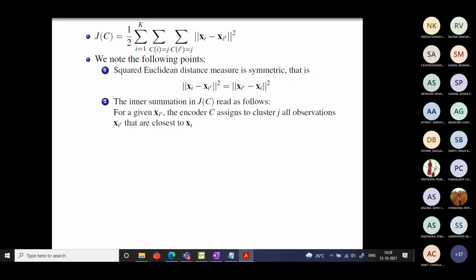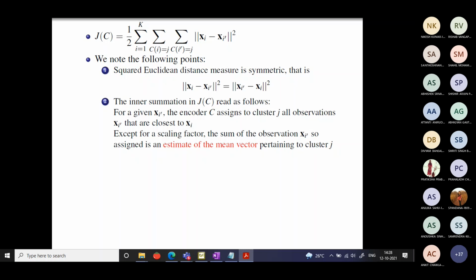For a given xi, the encoder C assigns to cluster j all observations xi prime that are closest to xi in some statistical sense. Except for a scaling factor, if I include a scaling factor here, it is just indicating the estimate of the mean vector pertaining to cluster j.